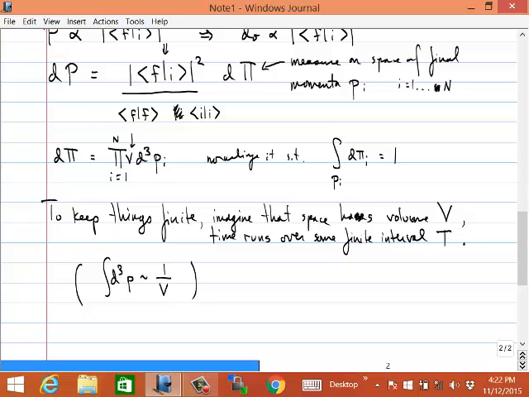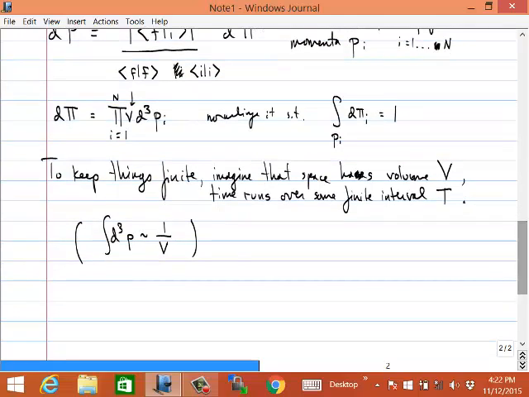Yes? Why do you need the time interval to be finite? We'll see in just a second. The reason we need the time interval to be finite is that when we write down the differential cross-section, the cross-section was the total number of particles scattered.